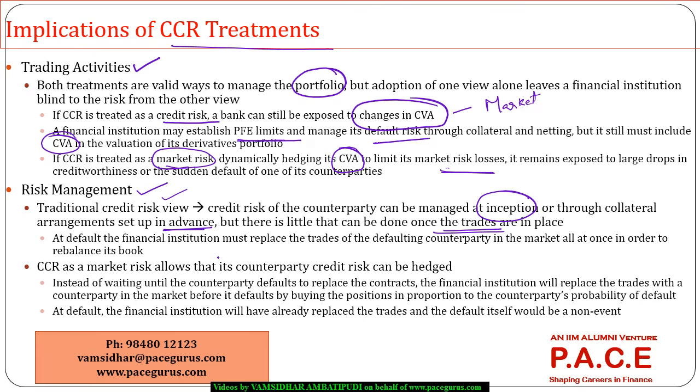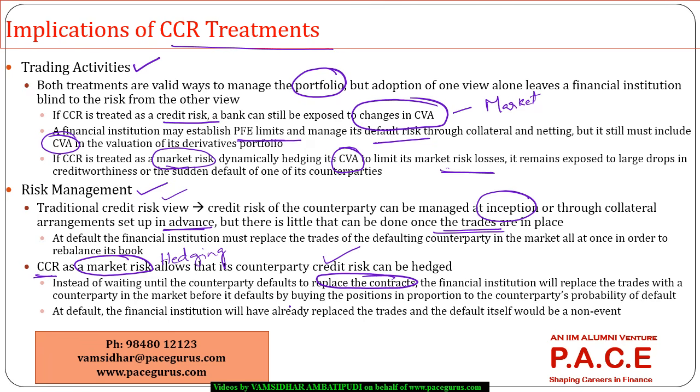But when I am treating counterparty credit risk as a market risk, there is a hedging process that is coming in. So even before the default, I can go ahead and do a hedging. So the entire counterparty credit risk I can hedge. I don't need to replace the contracts until the default has actually occurred.